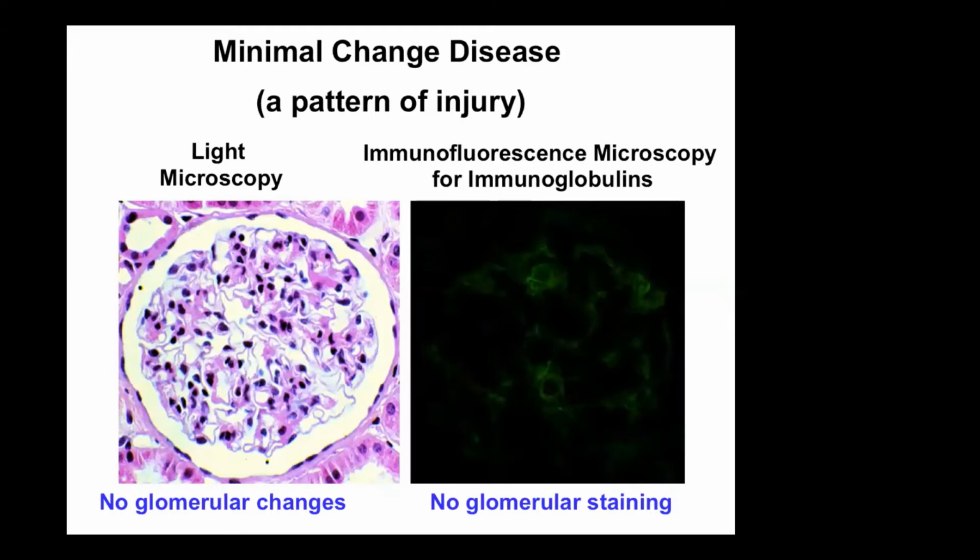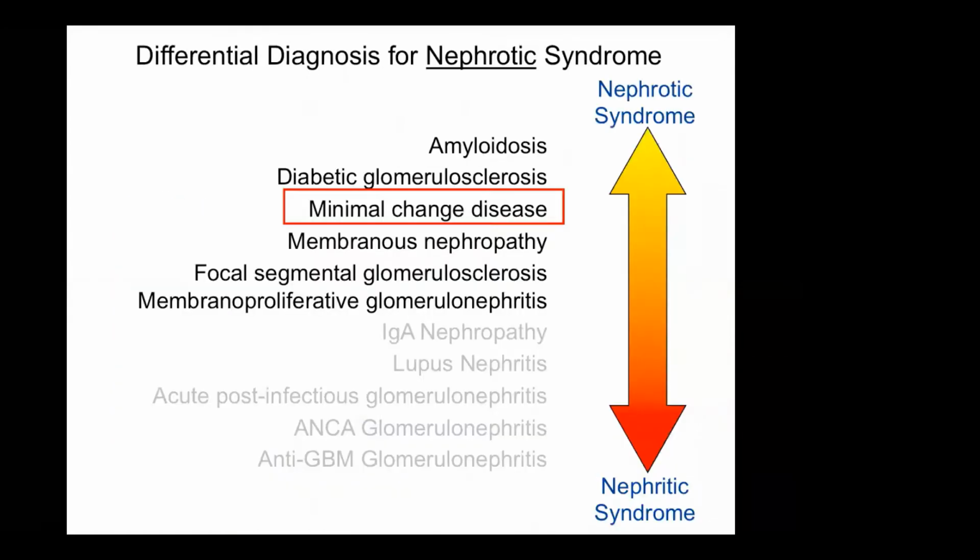Minimal change, basically, is a pattern of injury. Minimal change and focal segmental sclerosis both fall under an entity called podocytopathy. These are diseases that affect the podocytes. As we said, there are entities that are immune complex mediated, complement diseases, and podocytopathies. Immune complex mediated means we have immune complexes.